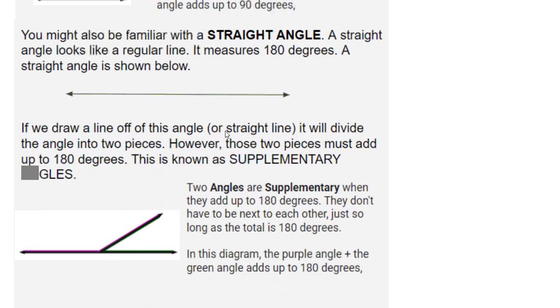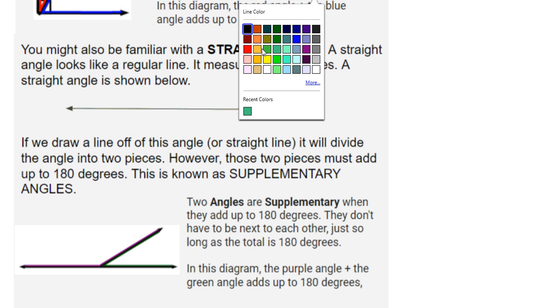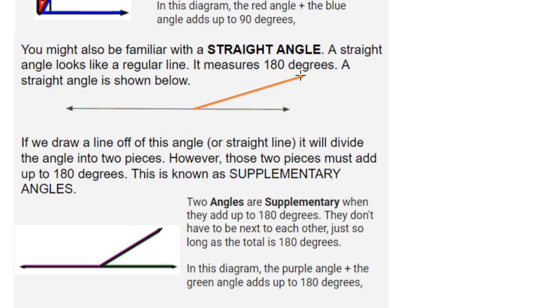Just like that previous one, if I took this and drew any line, and it doesn't matter, let's go with orange, it doesn't matter where this line is drawn. If I look at the left side and the right side, that has to add up to 180, because this whole thing is 180 and all I'm doing is dividing it into two parts.